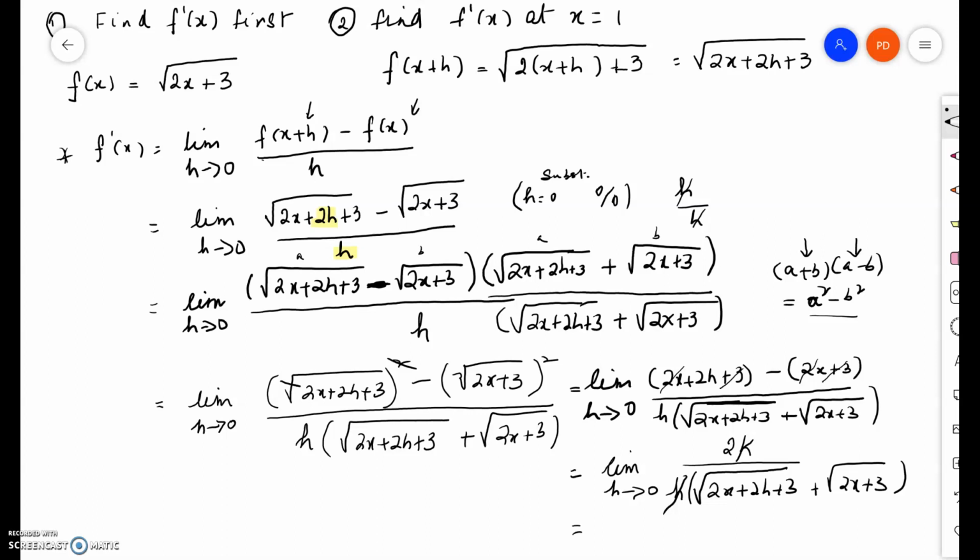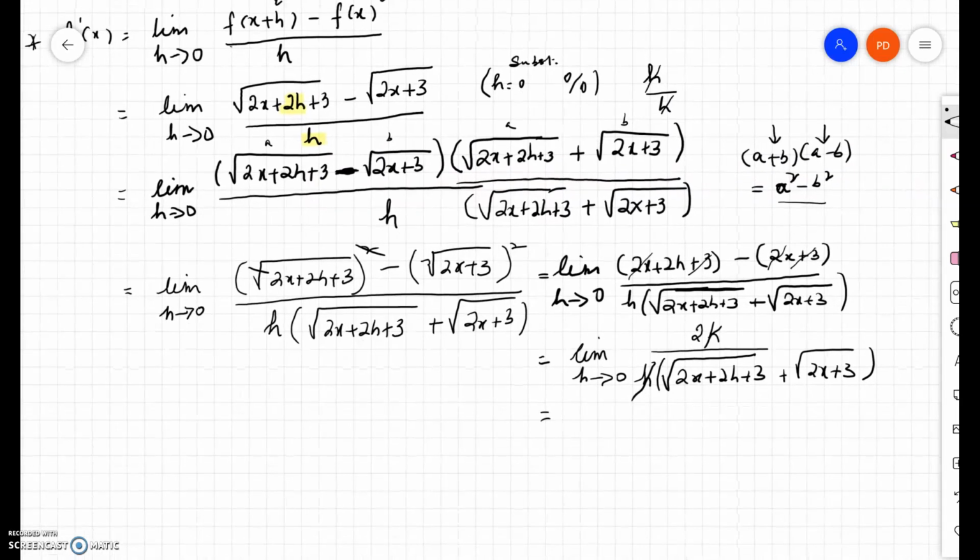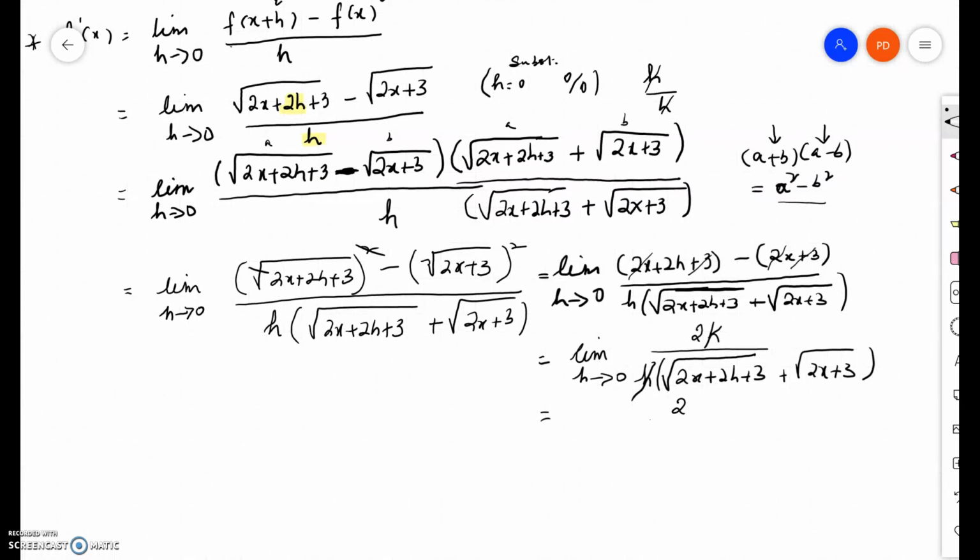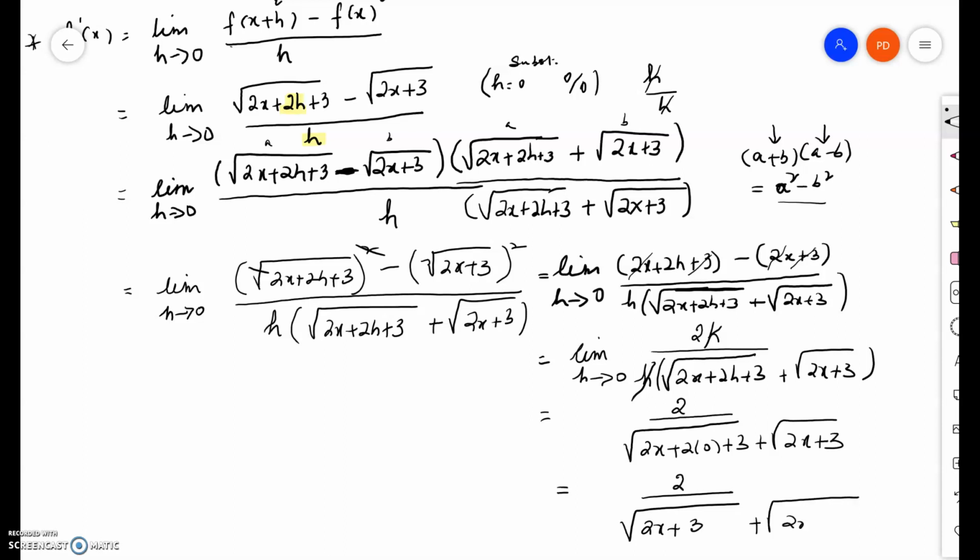So now in order to find limits, we plug in h equals 0. So we have 2 in the numerator because the h got cancelled, and I'm going to plug in 0 for h. So 2 times 0 plus 3 plus radical 2x plus 3. So that is equal to 2 over radical 2x plus 3 plus radical 2x plus 3.